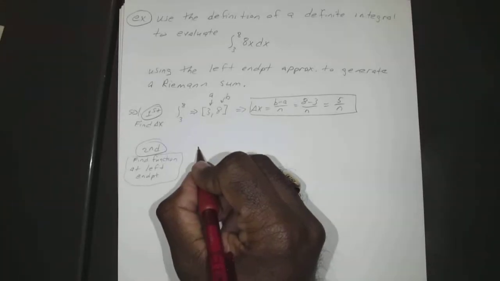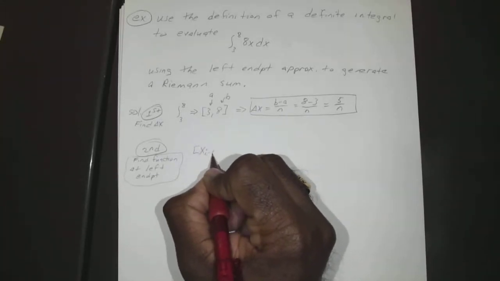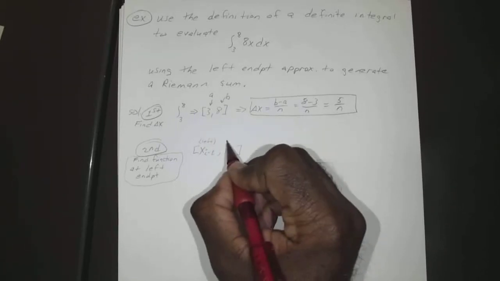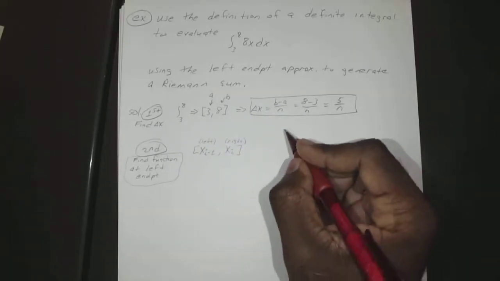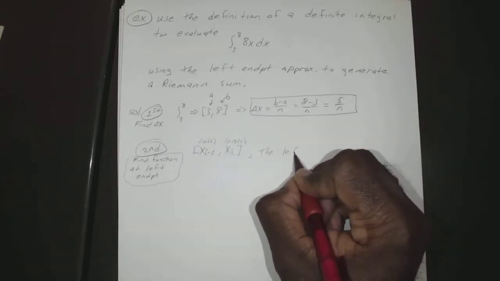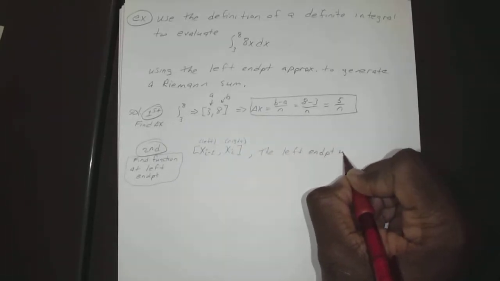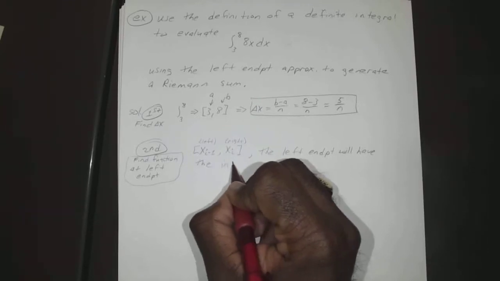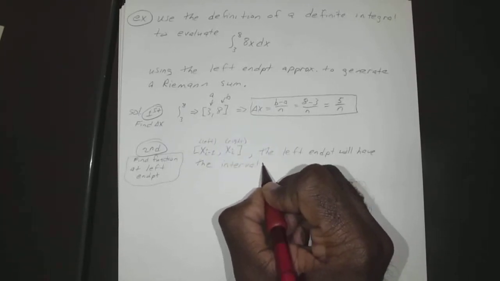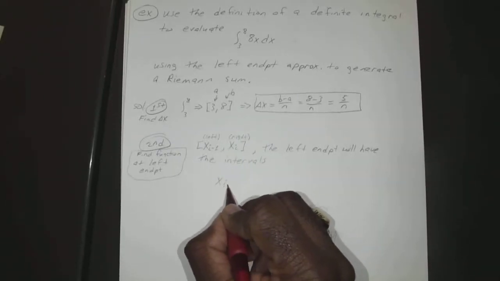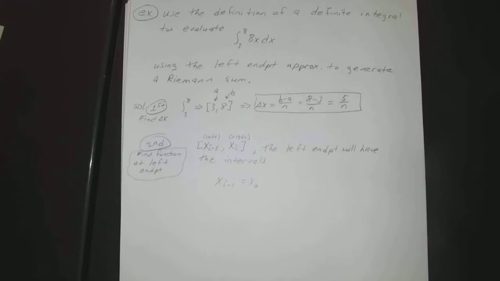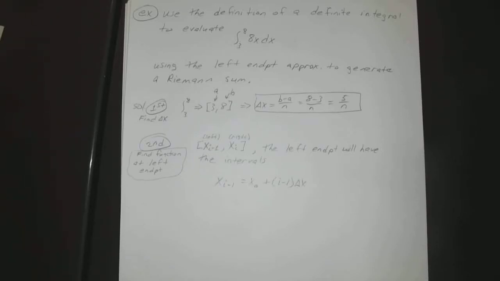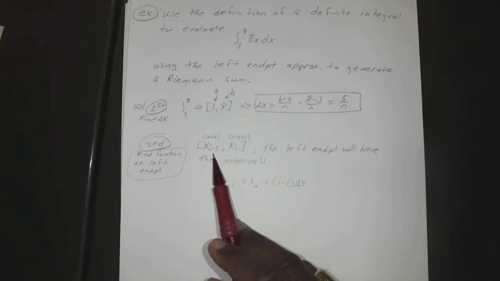Again, since we're using the interval x sub i minus 1 to x sub i, where this is your left and this is your right, for the left endpoint we'll have the intervals x sub i minus 1 equals x sub 0 plus i minus 1 delta x. Before it was just i delta x. Now it's i minus 1 delta x for the left.